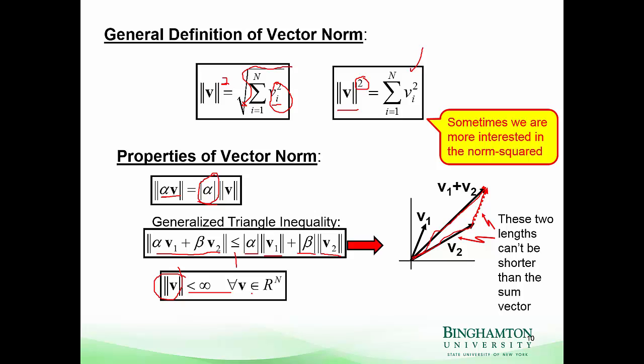You give me a vector with a certain length and I can find one longer than that. And finally, the last property that we'll list here is that the only vector that has norm equal to 0 is the 0 vector itself. The only way we can get this sum to add up to 0, because of the squares, is to have every term in that sum be 0 itself.